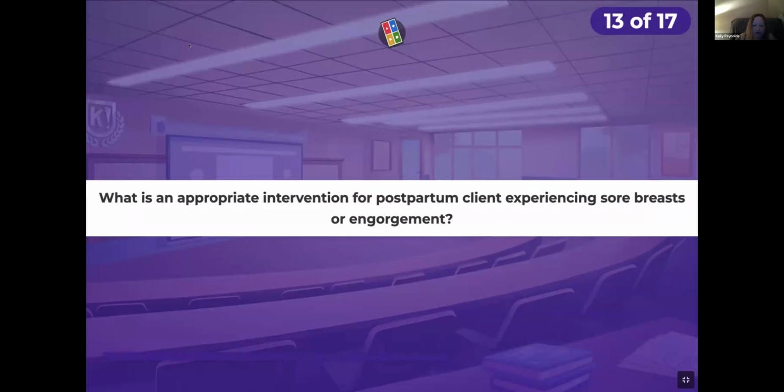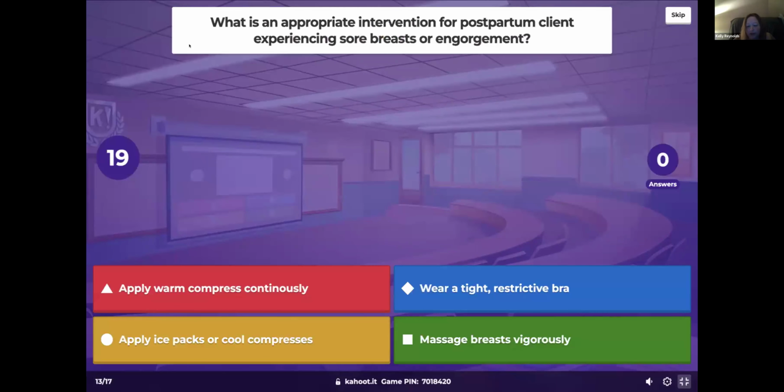What is an appropriate intervention for a postpartum client experiencing sore breasts or engorgement? Apply warm compress constantly, apply ice packs or cool compress, wear a tight restrictive bra, and massage breast vigorously.